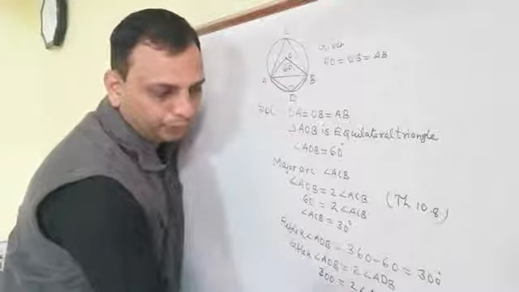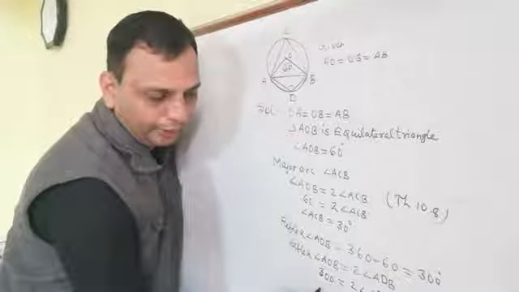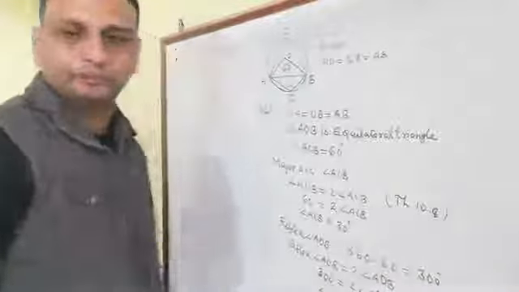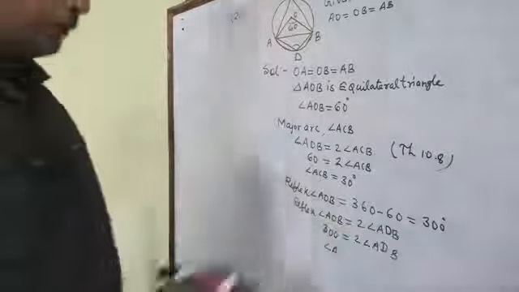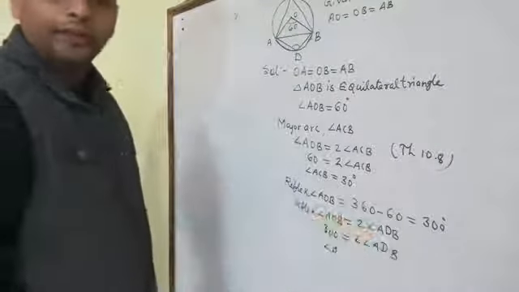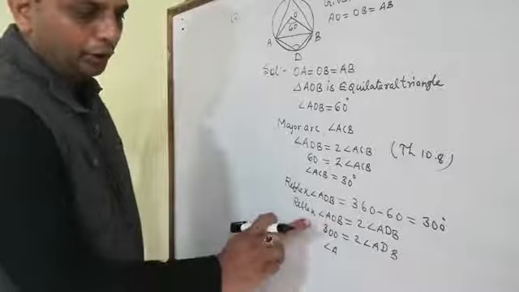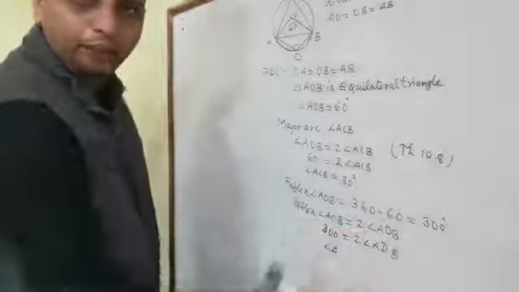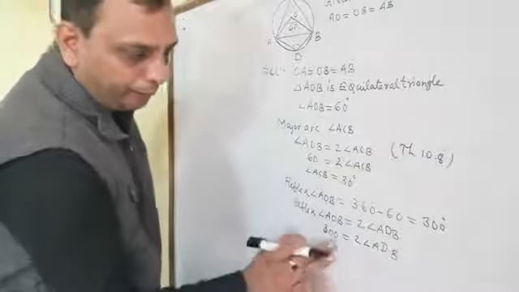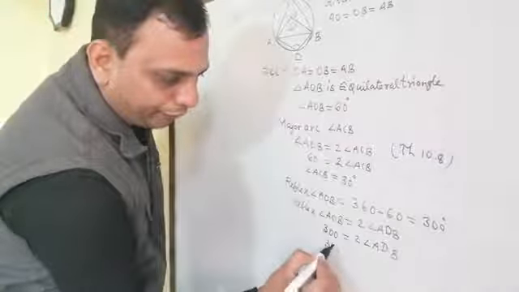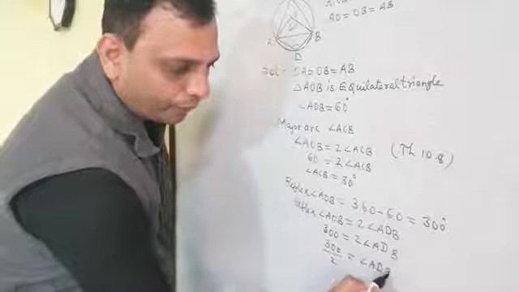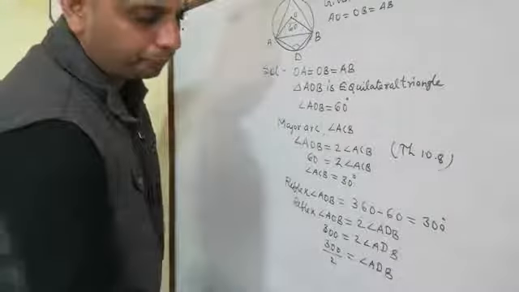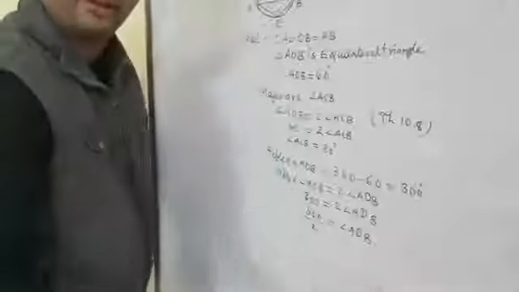And this is 2 times ADB. The reflex angle is double the angle formed in the remaining part of the circle. So AOB is 300, this is 2 times ADB. So ADB will be 300 divided by 2. Now ADB will be how much? ADB will be 150.